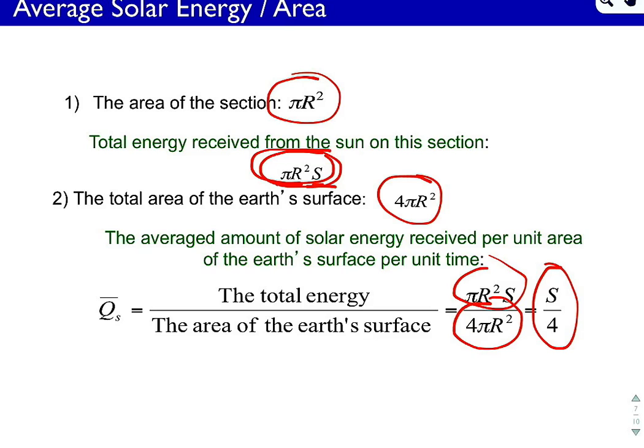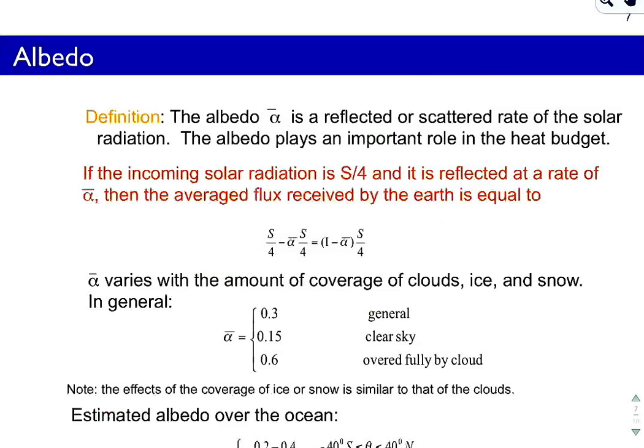So it gets cut down by a factor of 4 because it is spherical and because half of it is facing away from the sun. So that's on average. Of course, there are going to be variations latitudinally that depend on other factors, which we'll discuss in a moment.